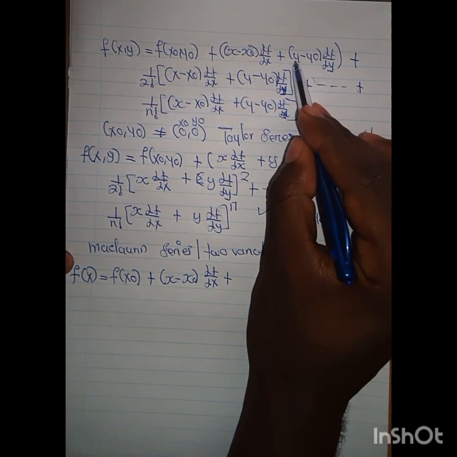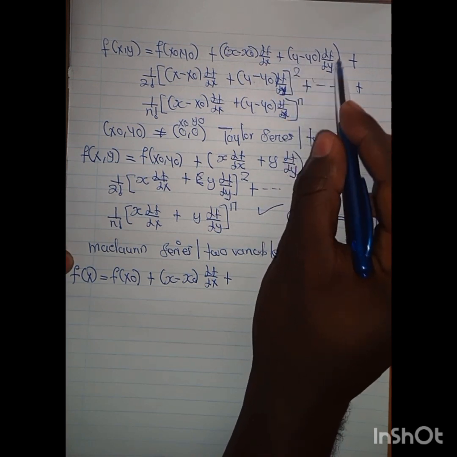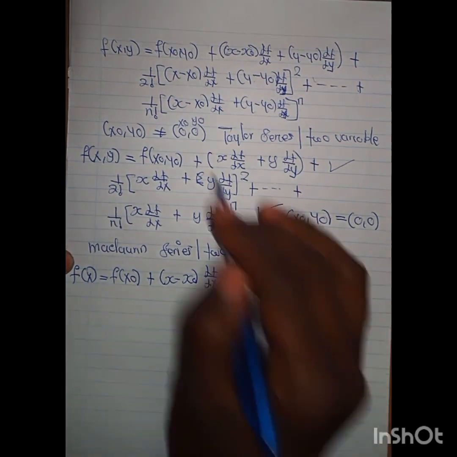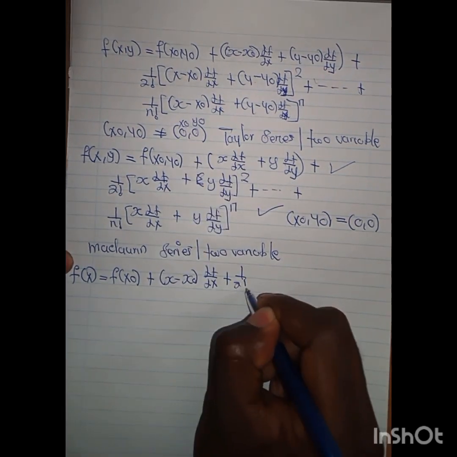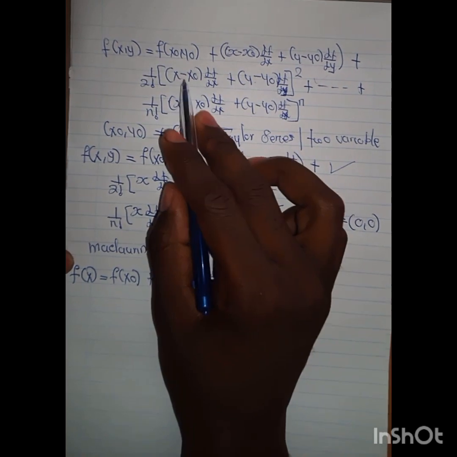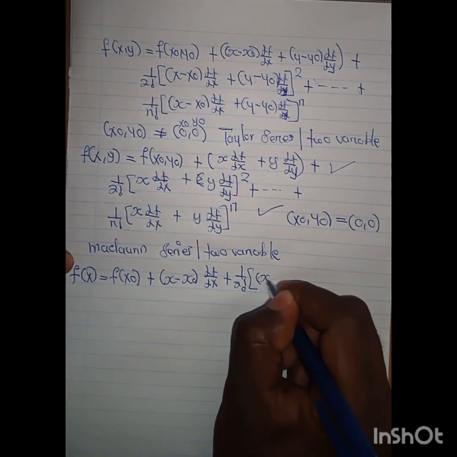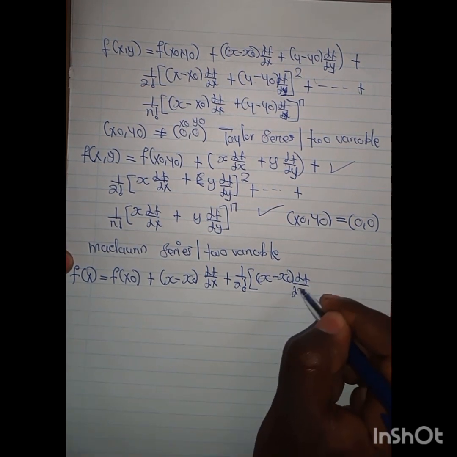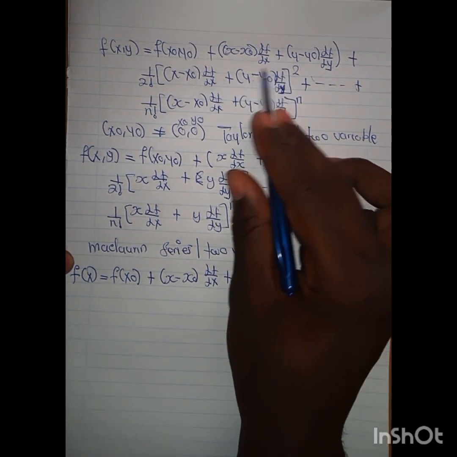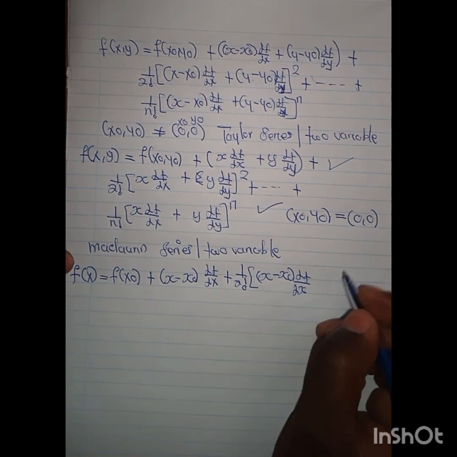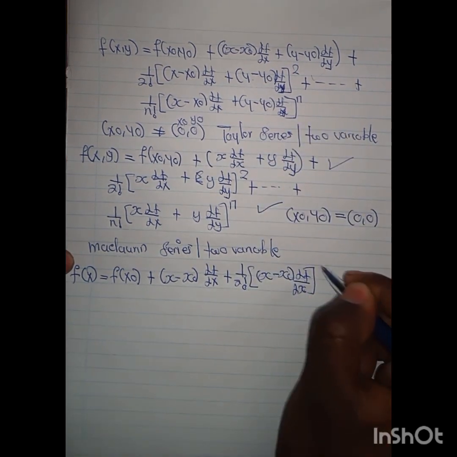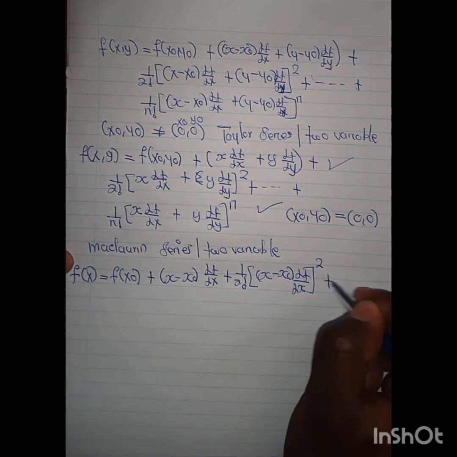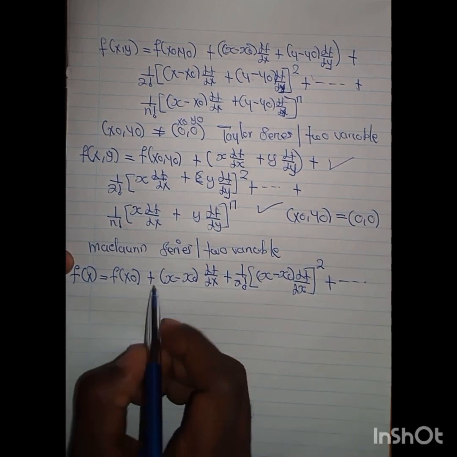Everything else here should be eliminated. Then let us go into the second order, 1 over 2 factorial x minus x0 df dx, then this part should be eliminated, and then we'll have everything squared like that, then up to n.